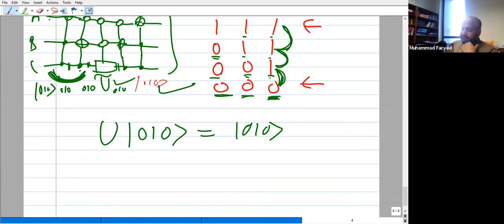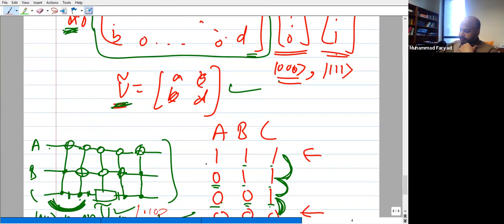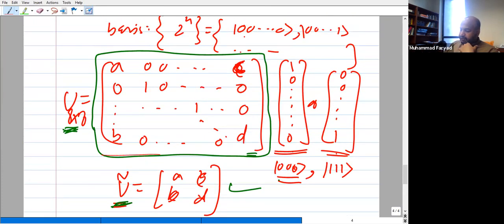Okay, let's now see what happens if we apply this unitary on some state which is a combination of 0, 0, 0 plus. But for that, it would be easier if I just work with one state. So if we apply it to 0, 0, 0, let's see what this U does.